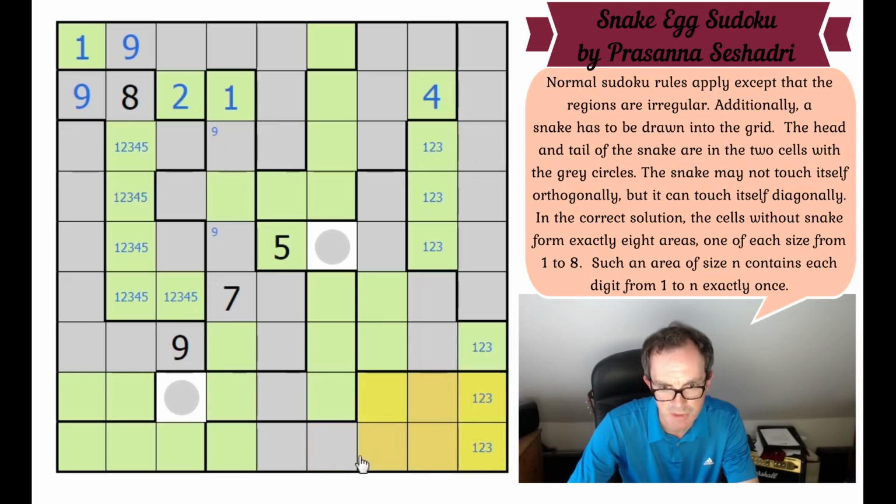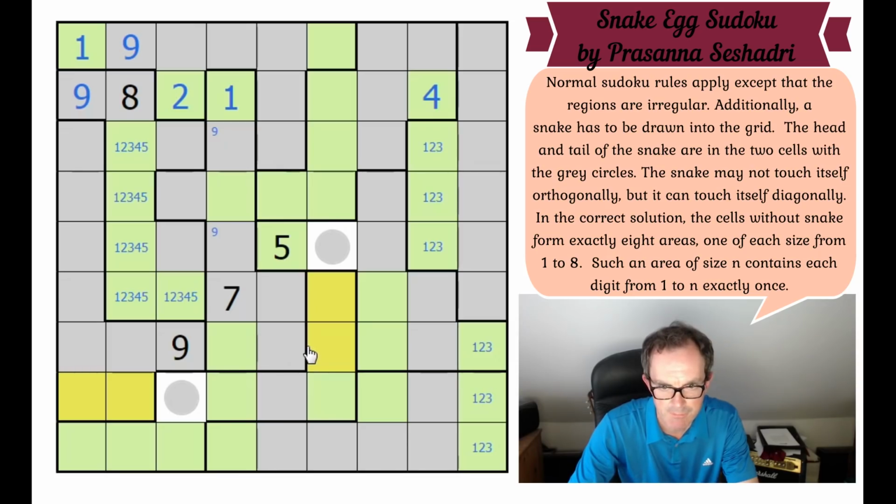Well, here's 1 complete set. Here's 7 cells, so there's 2 cells missing. Well, it's those 2. So those 2 and those 2 must contain the same digits, but actually, given that we know the contents of neither of these dominoes, it's not that helpful.